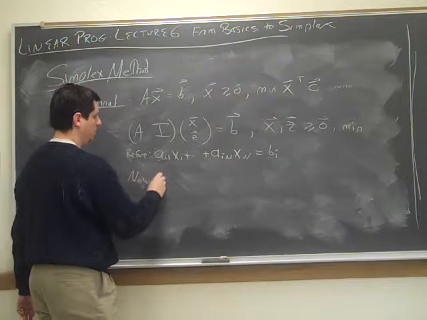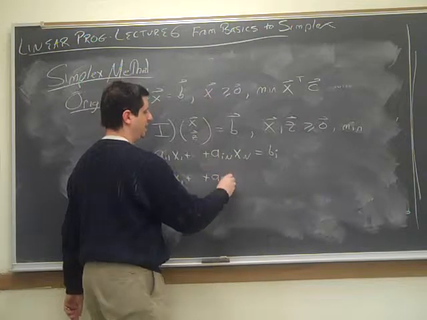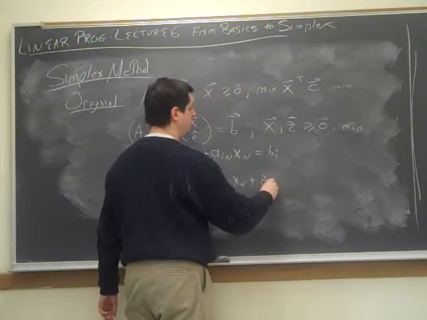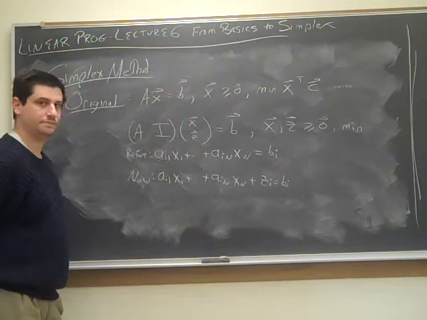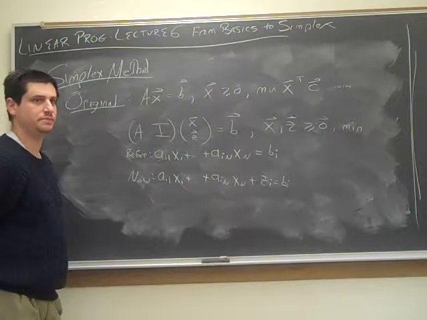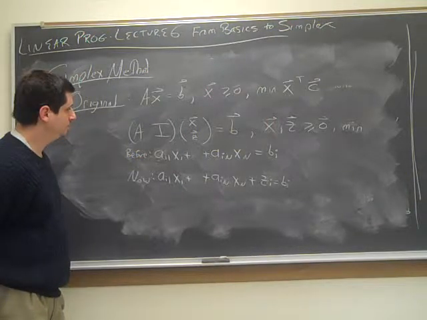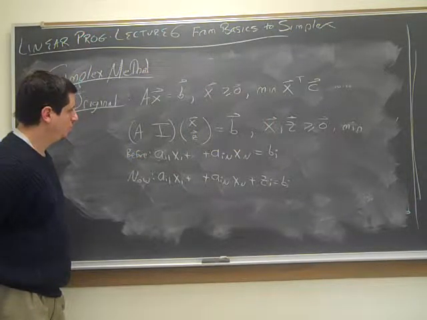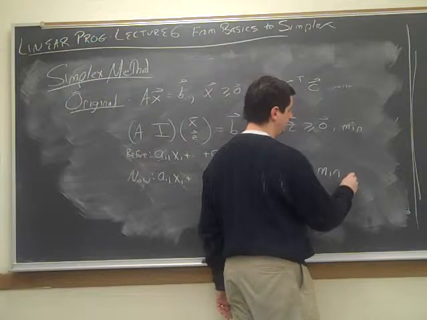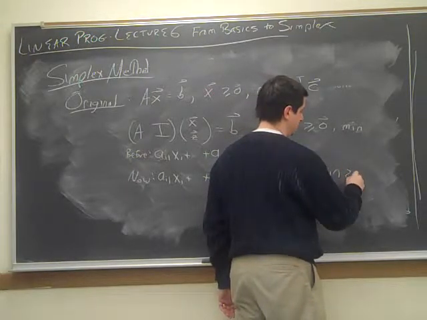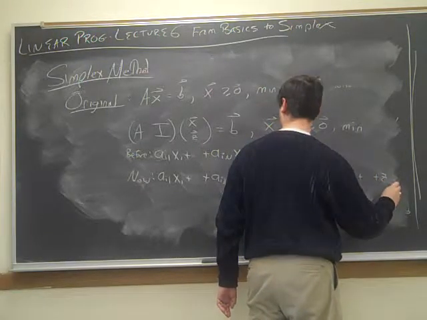And now, we have a_i1 x1 plus a_in xn plus z_i equals b_i. And so now, what are we going to try to minimize? We'll minimize Z1 plus, I think, what is it, Zn.